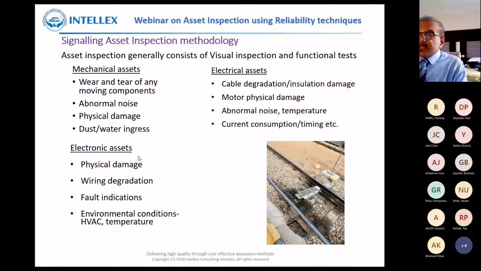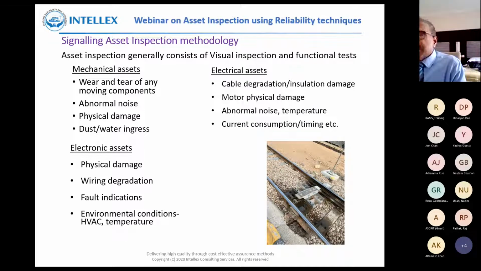For the electronic assets, obviously physical damage is one of the essential things you will look for, and the wiring degradation in the boards and all that gives you a telltale sign of asset degradation, and you may want to look for replacement. Then fault indications. Not all faults are relayed to the control center, so people may not know.